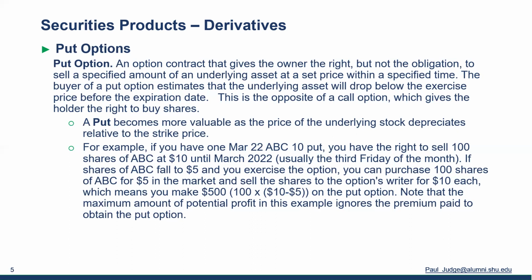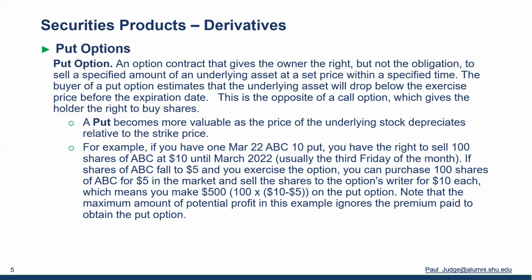Between now and March of 2022, you can sell stock ABC at $10 a share for 100 shares. And that's great. So when you bought this, the stock was probably selling at, I don't know, $11, $12, $15 a share.